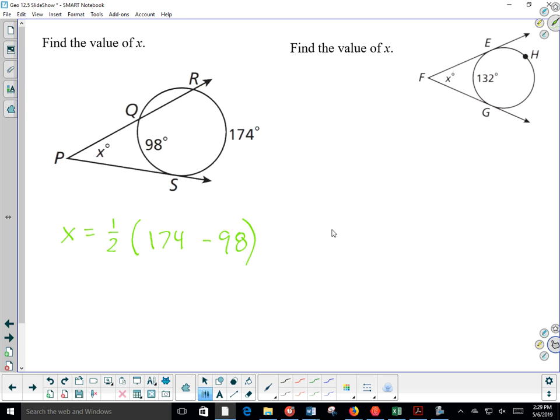Do people agree with that? Yeah. Okay, so what's 174 minus 98? 76. So I need half of 76, which is 38. 38 degrees. Are we okay with this? Yeah.